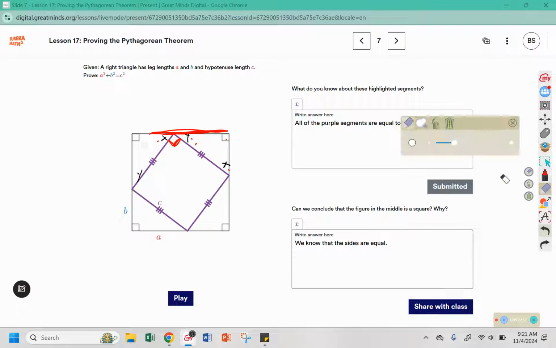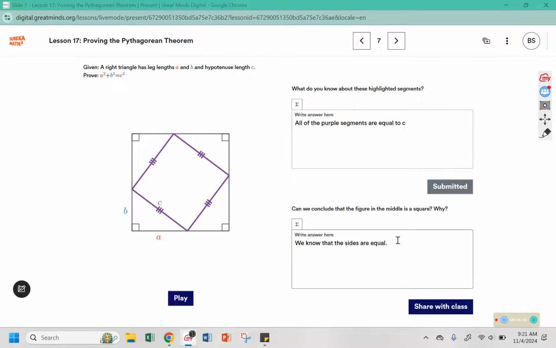So yes, we can say this is a square because a square has four congruent sides and a 90-degree angle. So we can also say the angles are 90 degrees based on a straight angle and the triangle angle sum.